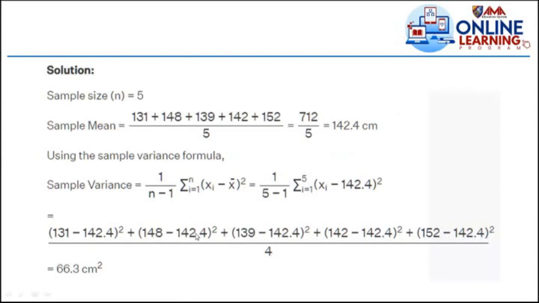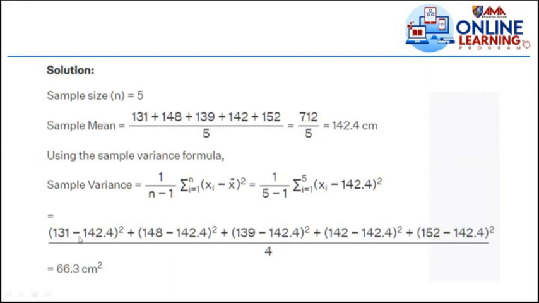Minus your mean. Then, squared. Next, we have your third data. 139 minus 142.4, and then squared. Fourth data, 142 minus 142.4, and then squared. Then 152 minus 142.4 squared. That was divided by n, the number of observations, which is 5, minus 1. Kaya meron tayong 4 dito.